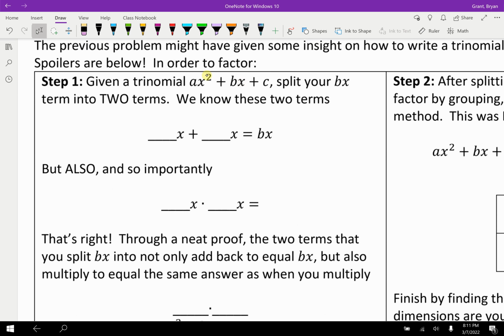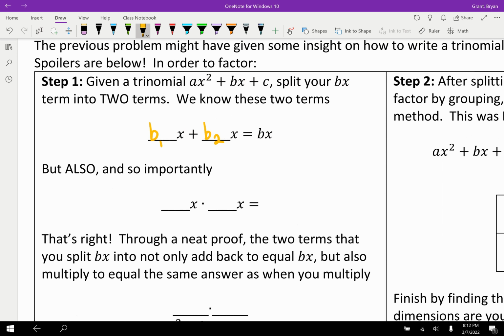Given a trinomial, ax squared plus bx plus c, split your bx term into 2 terms. We know that these 2 terms, whatever they might be, are going to add back up to equal bx. Now, I'm just going to call them b sub 1 and b sub 2, just to show that they're related to the b values, but they're generally different numbers and they add back up to equal the b.